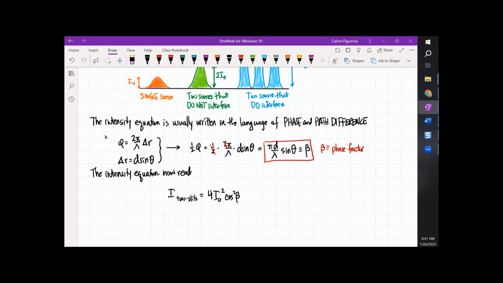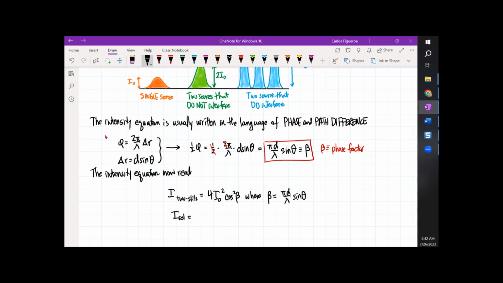We don't typically calculate these things. This is true for all values of beta, where beta is equal to pi d over lambda sine of theta. However, we typically calculate the relative intensity.